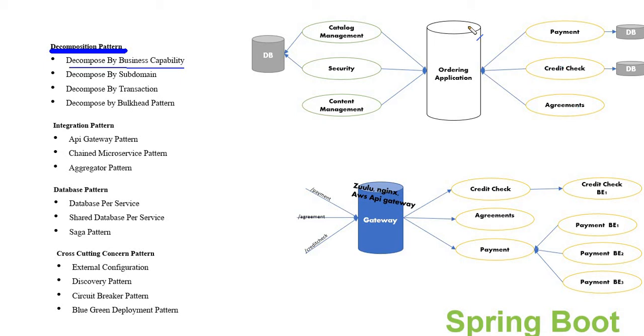The next one is decompose by subdomain. For example, the content management system provides the content for any UI. In the payment microservice, I want to configure some messages.